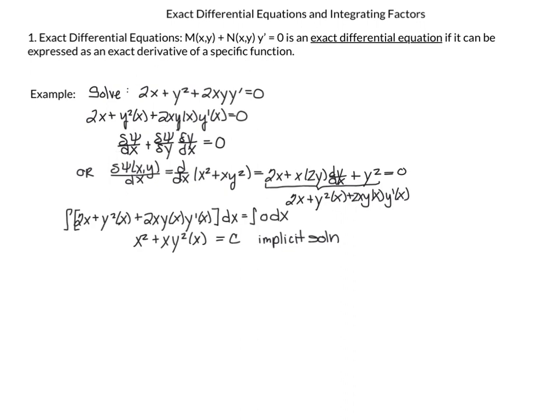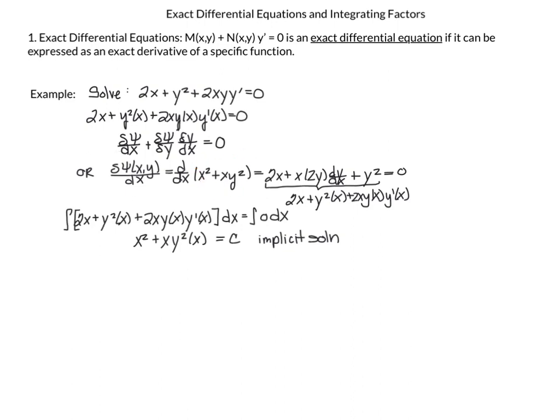What I have is once I find my psi, when I take my psi with respect to x, and then I add it to d psi with respect to y, and since y is a function of x, I have to multiply by the chain rule, by dy dx, is equal to 0. So what I notice, and this won't be such a magical, like how did you get this, later, because we will define a way of how to find this function, psi.